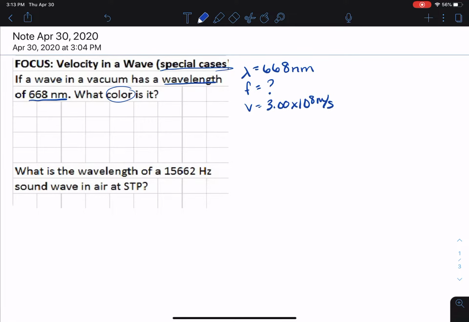Now that we have that information and we know our equation, we can set it up to solve. I'm going to do 3 times 10 to the 8th meters per second equals frequency times 668 nanometers. Let's address those nanometers. We need to convert nano into meters, but we need to know what nano equals.